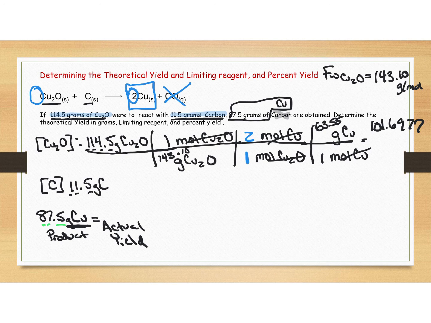Okay, so in this case, when we're doing this problem, we want to keep them with the least significance. So let's do 3 significant figures. So I'm going to count over. I've got 1, 2, 3. Look over for the next one. So in this case, my answer would be 102 grams of copper.